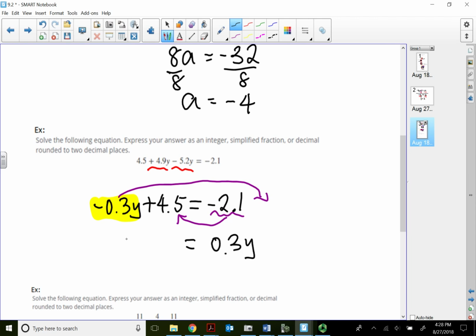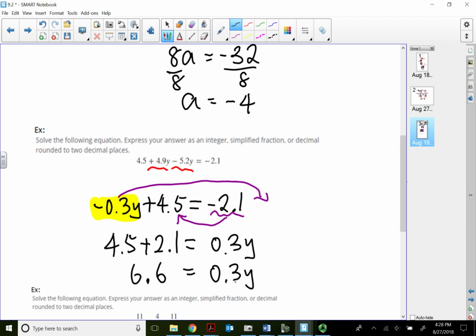The right side still consists of 4.5. Now I pick up my negative 2.1 and move it to the left side. That 2.1 now becomes positive. All right, so let's quickly combine the left side here. 4.5 plus 2.1 should be 6.6.